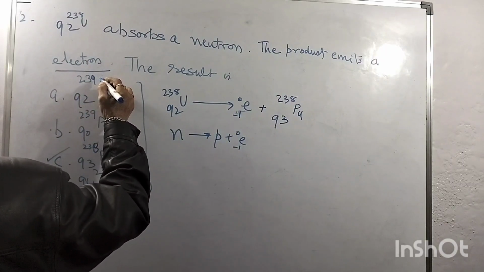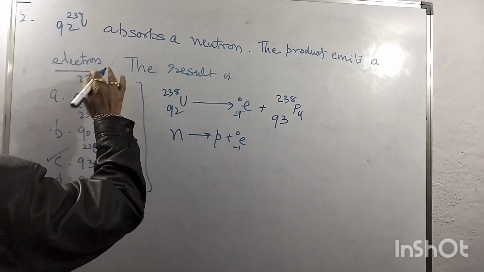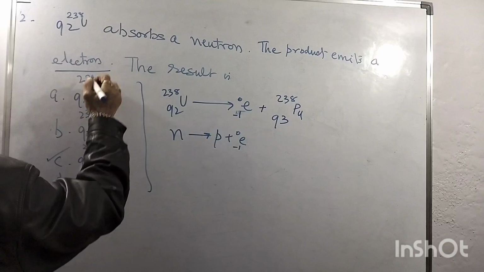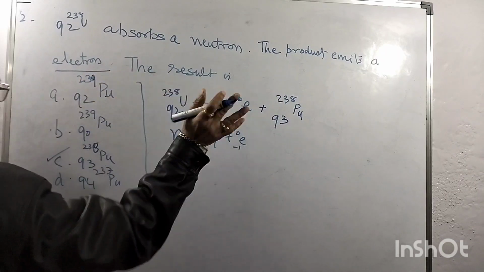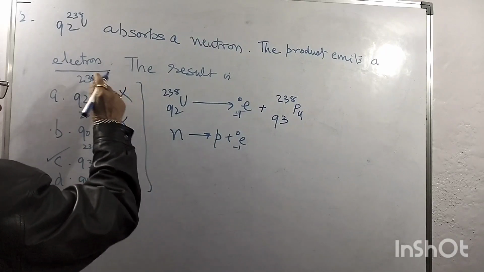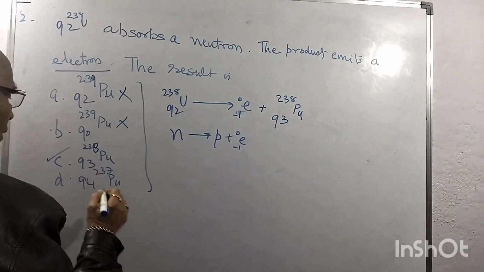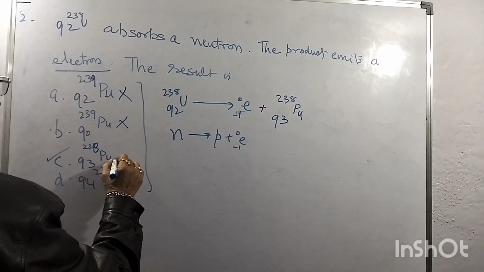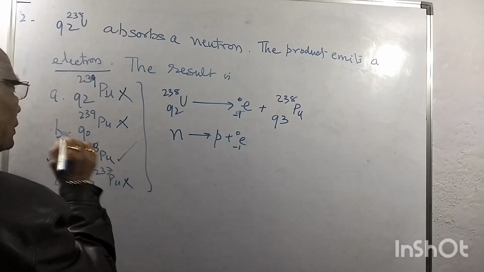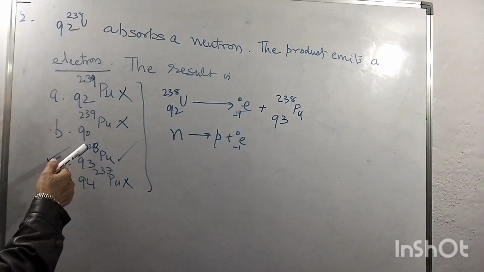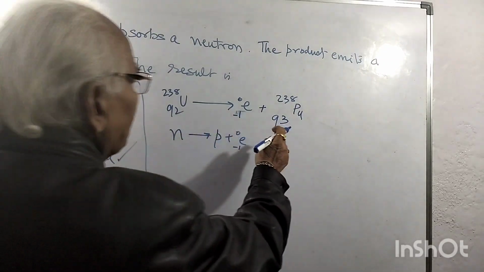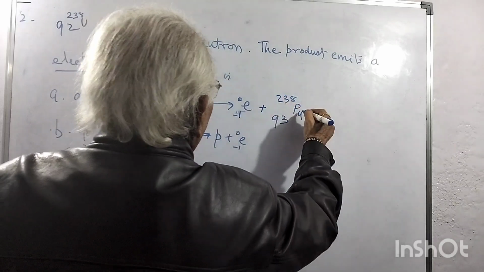But mass here is 239. It cannot be 239. Mass will not increase, so this is wrong, because mass will not change with electron emission. Only charge will change by 1. This can be correct if it is 238; in the question it was 237, so that was wrong. So it should be 93 Pu 238. This is the correct answer.